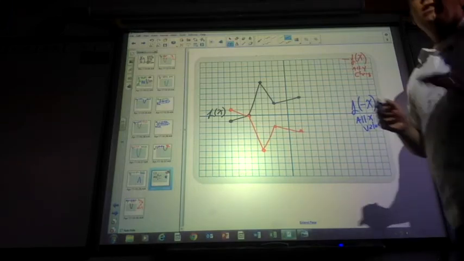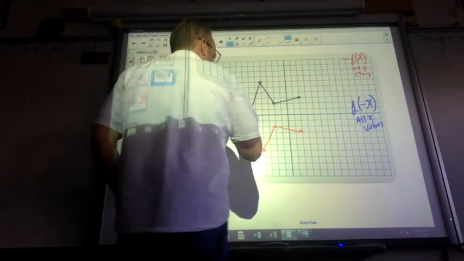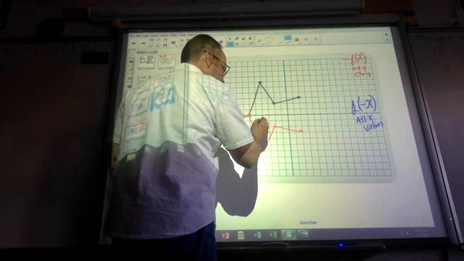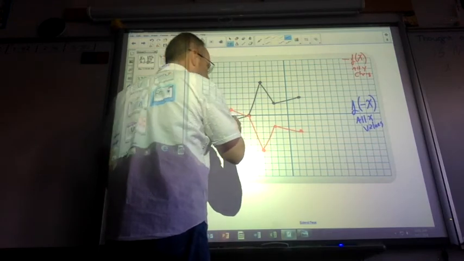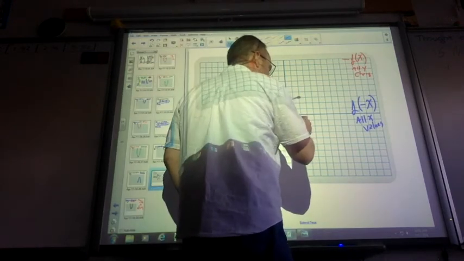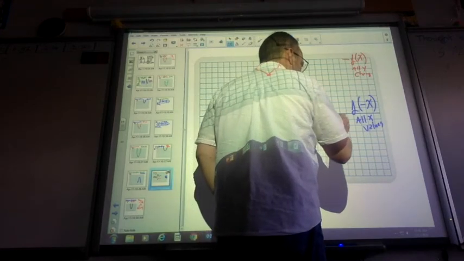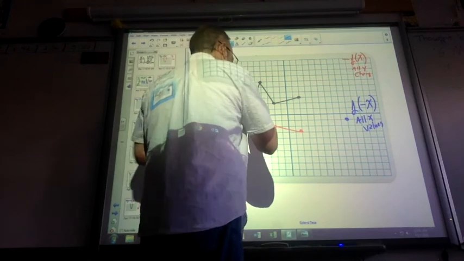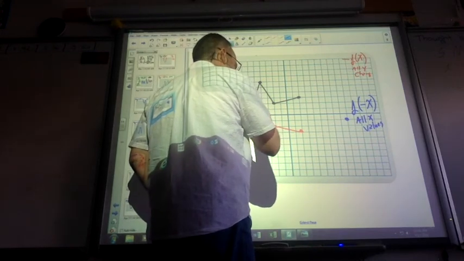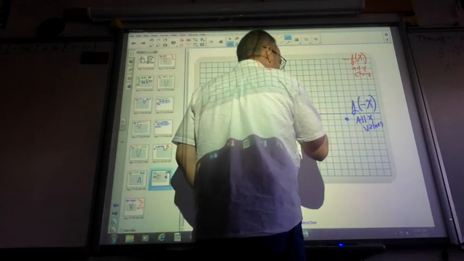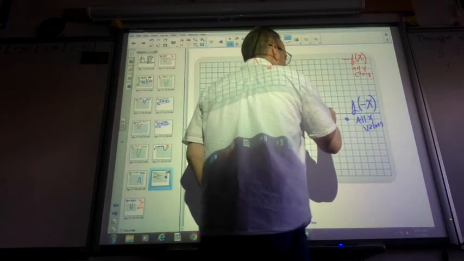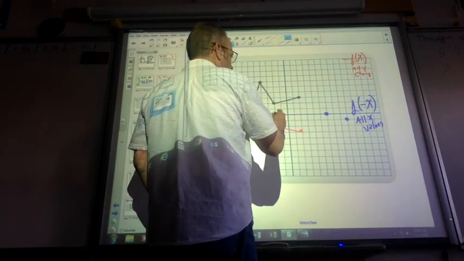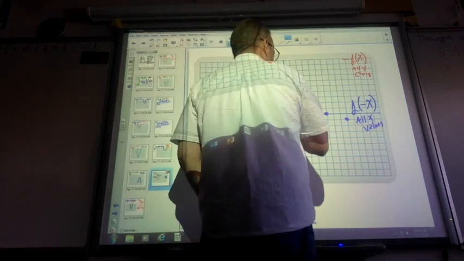Okay? So the x value, so this right here, 1, 2, 3, 4, 5, 6, 7, 8, 9. So this is going to be over here. That's over there, way over there. Look at that, okay? And then this one, 1, 2, 3, 4, 5, 6. And that was 1, 2, 3, 4.